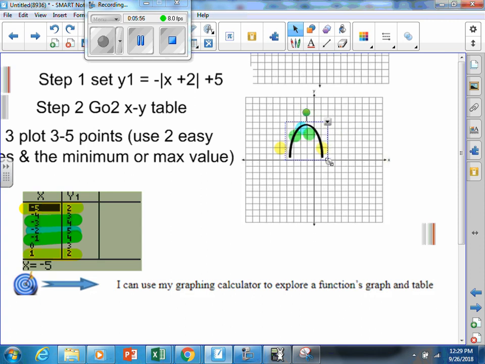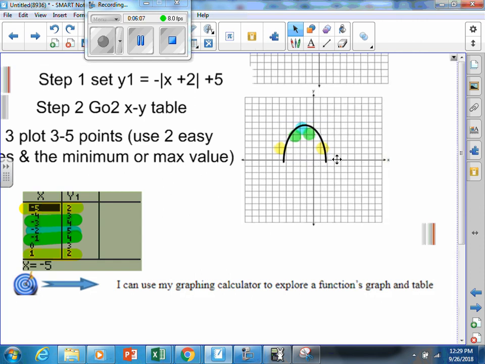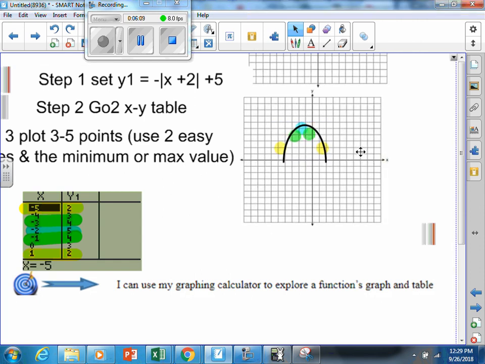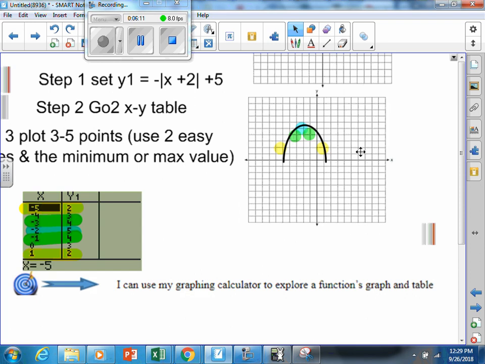So here we are. Final step. Let's take a look at it. Find the value of y when x is 5.